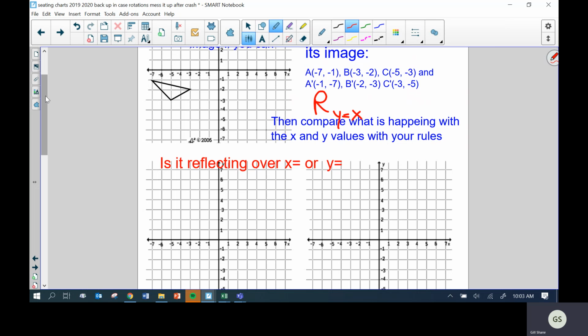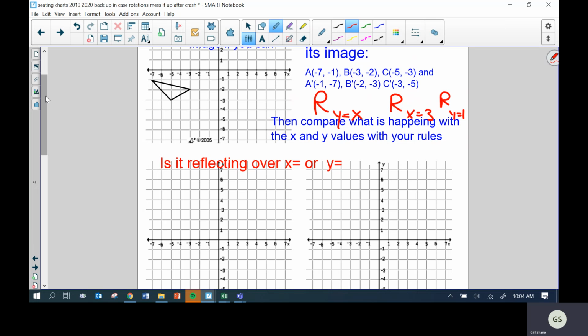This is a lot longer than a quick review. There are problems in there where you have to figure out, is it reflected over something that doesn't have a rule? Meaning, is it reflected over like this? Or y equals 1.